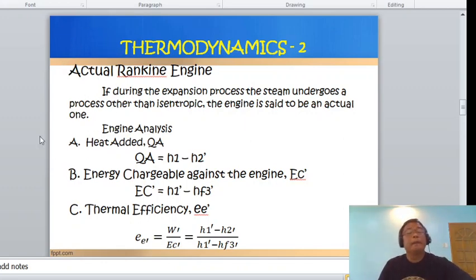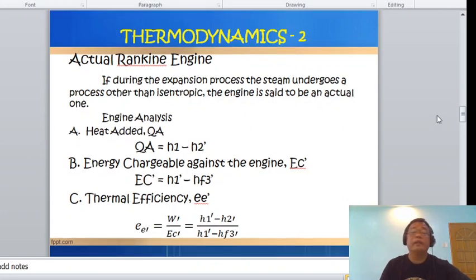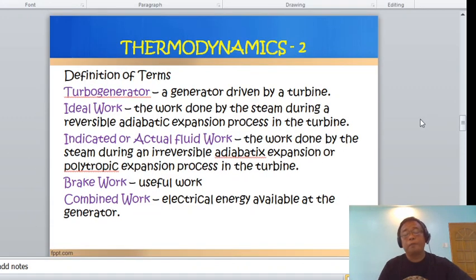So this is the Rankine engine. The energy chargeable against the engine is h sub 1 prime minus h sub 3 prime. For the thermal efficiency, that is W prime over the energy chargeable prime, equal to (h sub 1 prime minus h sub 2 prime) over (h sub 1 minus h sub 3 prime). This is almost similar to the previous presentation.